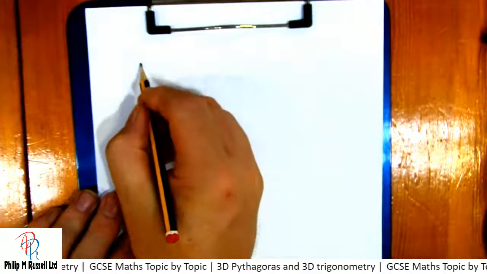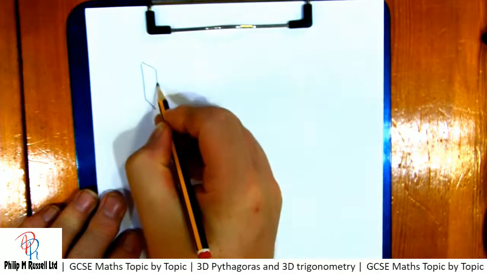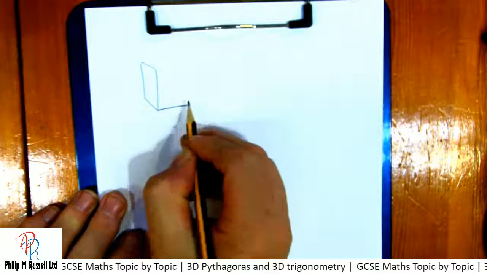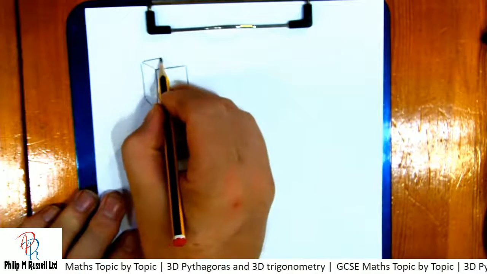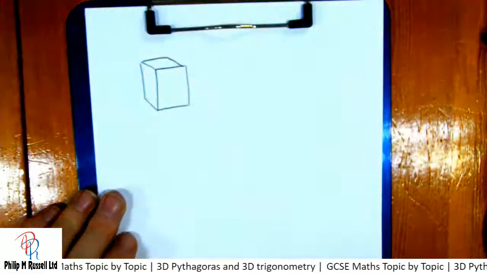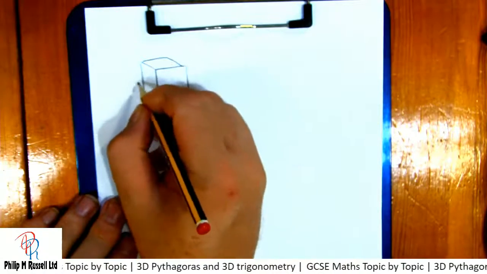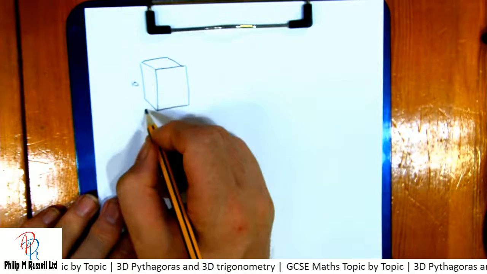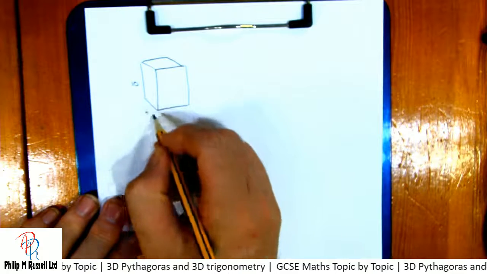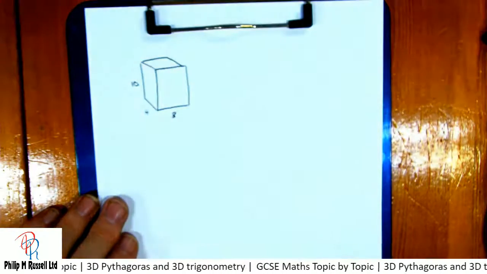What they have, I'll try and draw this one freehand, is a carton of juice. And this carton of juice is going to be, let's say, 10 centimeters high. It's going to be some 4 centimeters wide, and it's going to be 8 centimeters that way.